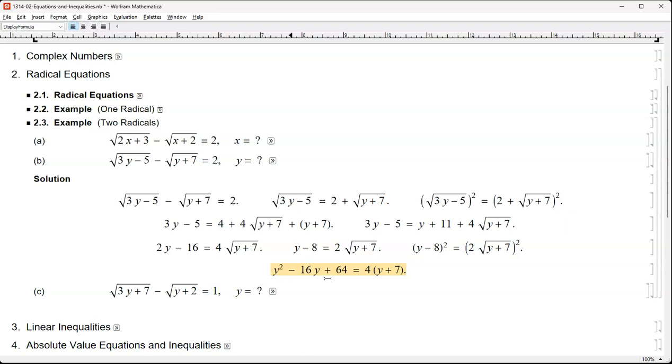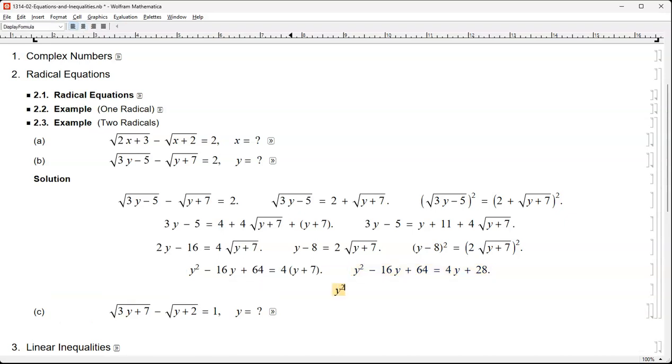If you don't like to use the complete square formula, you can FOIL y minus 8 times y minus 8. y squared minus 16y plus 64, and here 4y plus 28. Almost there. y squared minus 16, and then another 4, so negative 20y. 64 minus 28, 56.